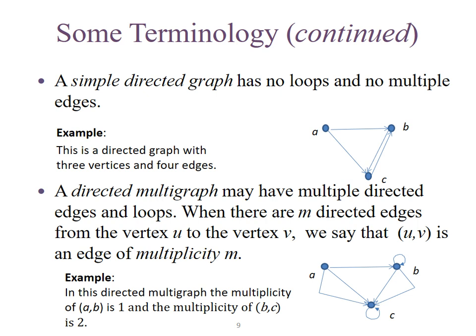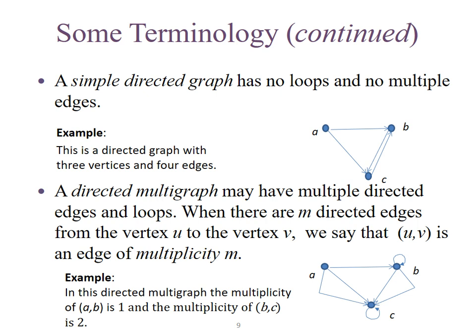For example, A has an edge pointing to B, B has an edge pointing to C, and C points to B. You need to consider these two edges as different edges, because one is B pointing to C and one is C pointing to B, so it's not multiple edges between B and C. But if we have another edge pointing from B to C, then we call it a directed multigraph, because we have multiplicity of two from B to C.